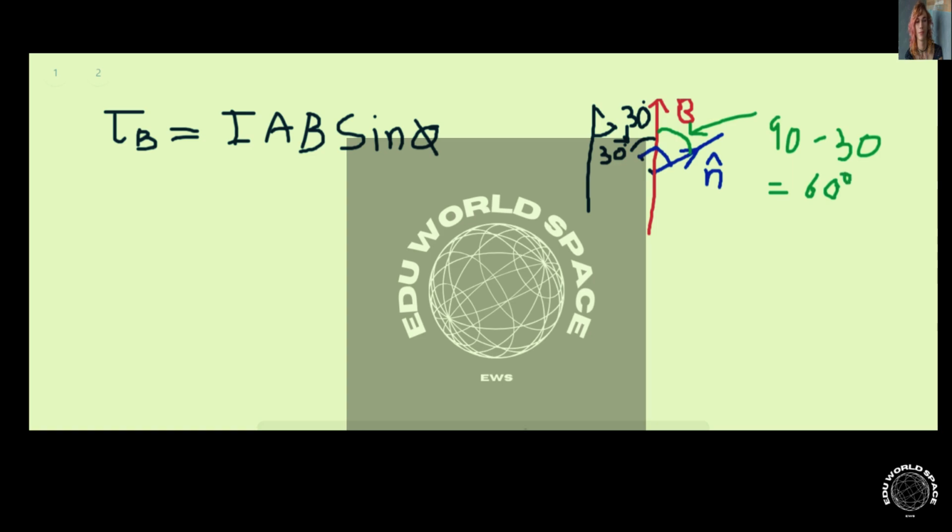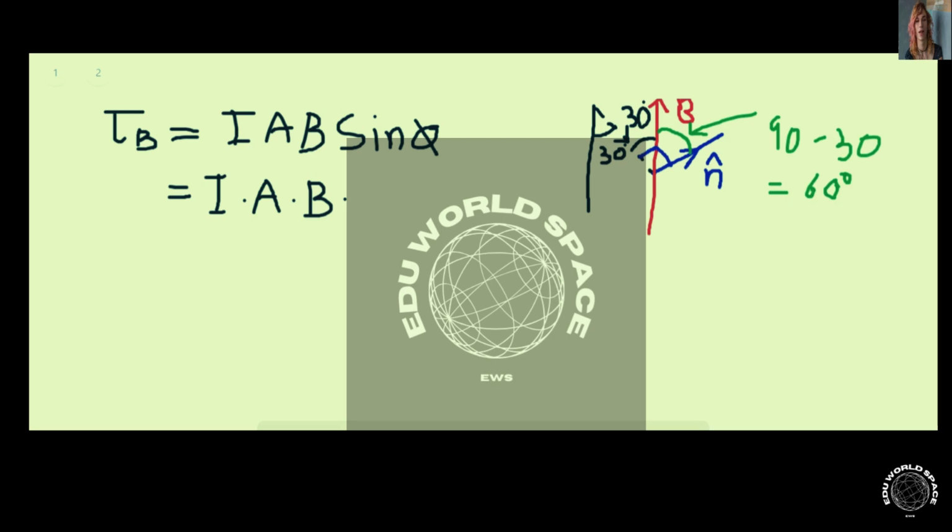And now I can compute what tau sub B is, what the torque due to the magnetic field is. Well, that is the current. I know what that is. That's 8.2 amperes. That's given to me in the problem. Times the area, I can compute that because I know both the sides of the rectangle, 6 centimeters and 8 centimeters, times the magnetic field. That's my unknown. That's what I'm trying to solve for.